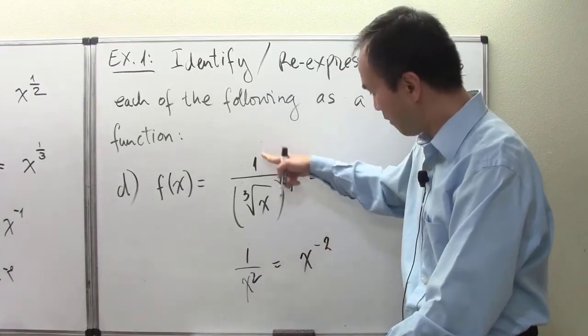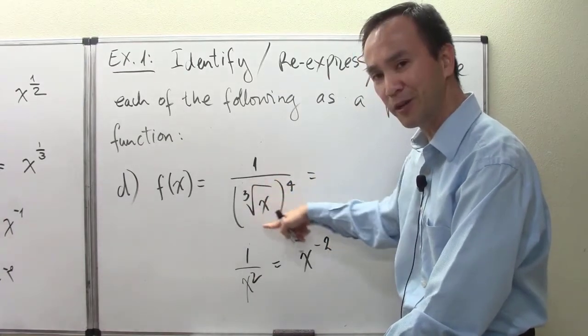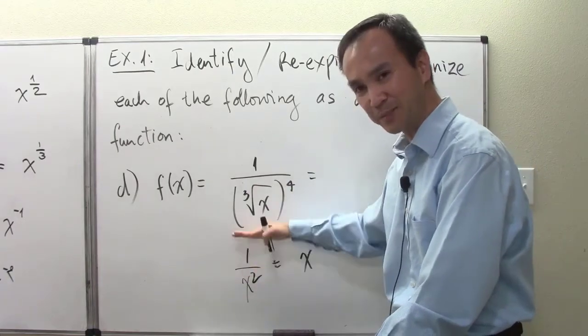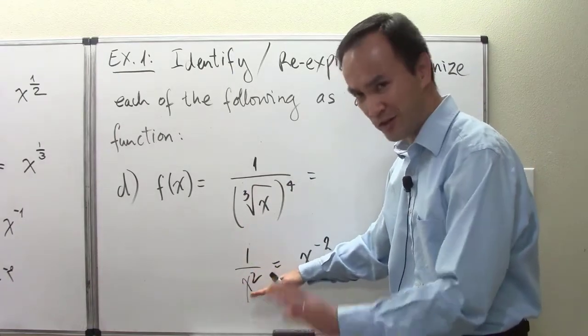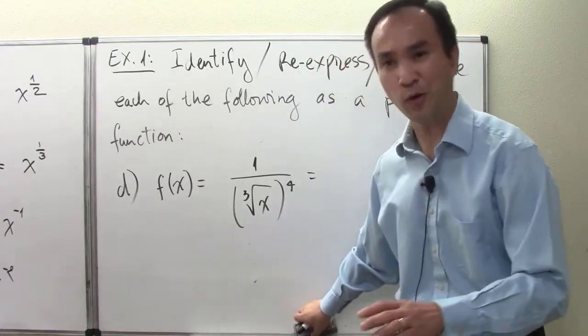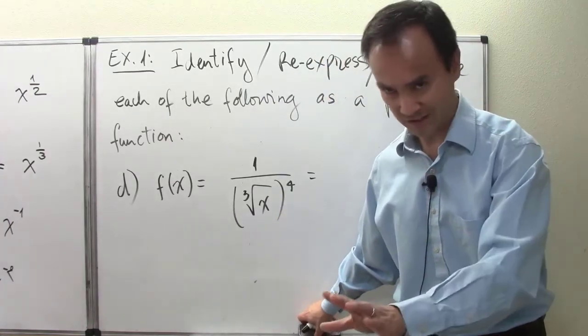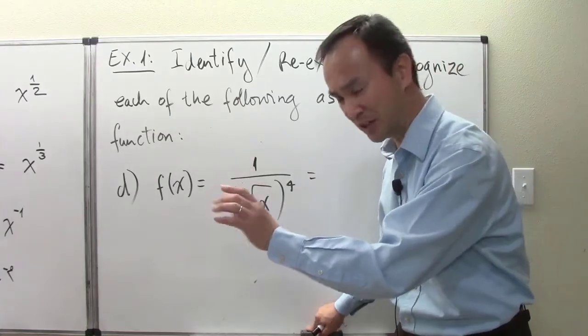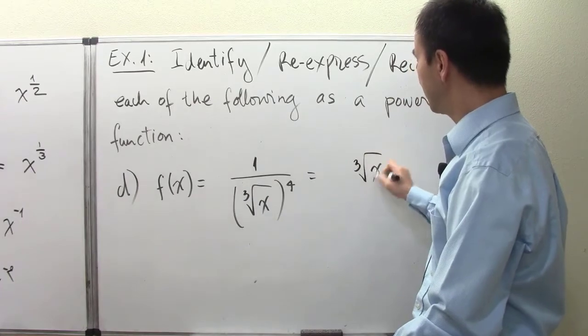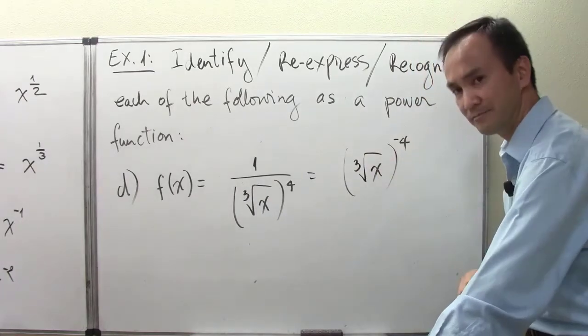So 1 over a power, disregarding completely what's inside of that power. I take that experience here. You've seen all of this experience; all of your prerequisite learning exists here, but now it's new experience for us. So now it's going to be the cube root of x to the negative 4 power.